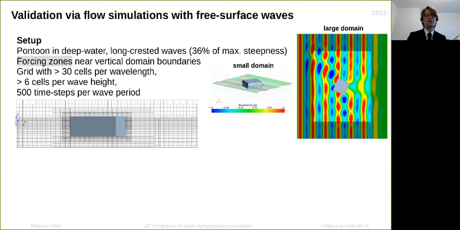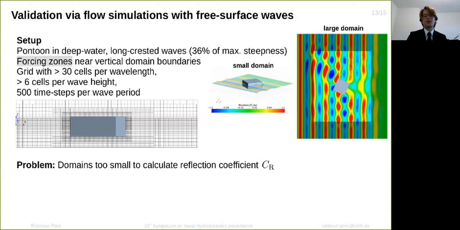And here's a look at the computational grid. So the problem here is that it is impossible for such small domains to calculate the reflection coefficient. This is because to calculate the reflection coefficient, you have to evaluate it over a specific time and space interval that has to be selected such that the reflected wave has fully established itself in the evaluation interval, but no re-reflection from other boundaries has entered this evaluation interval.